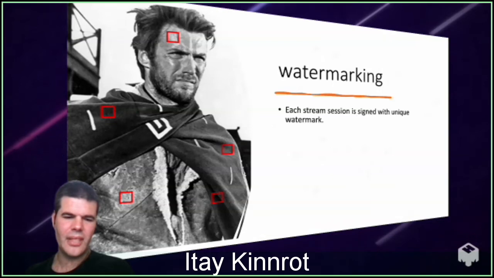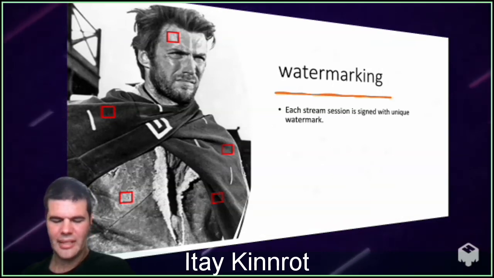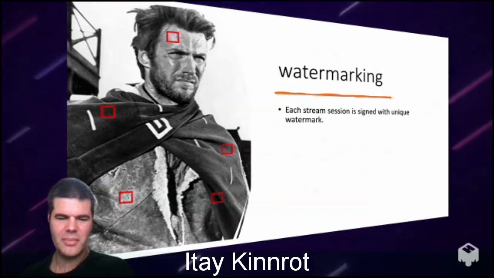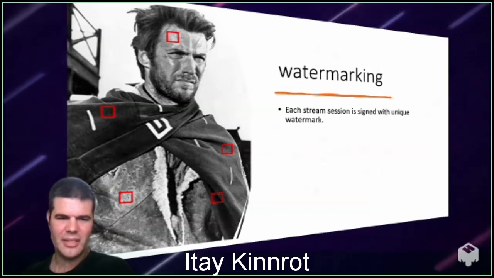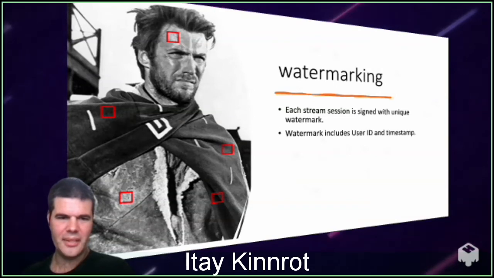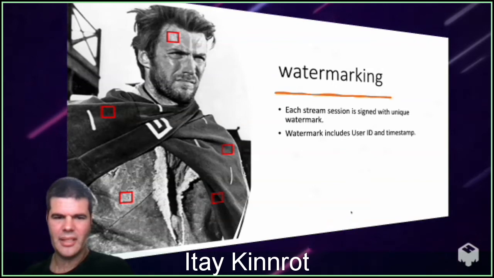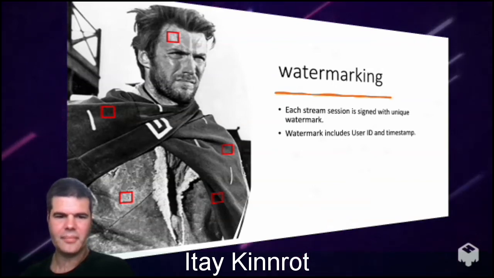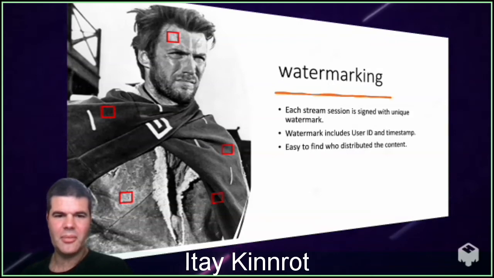So if the stream goes to some other networks, or you share the stream, someone can come and see from where this stream leaked. Okay, it can be a user ID or a company that bought it or something like that. And yeah, it's easy to find with distributed content.